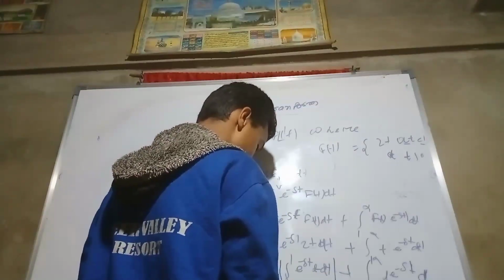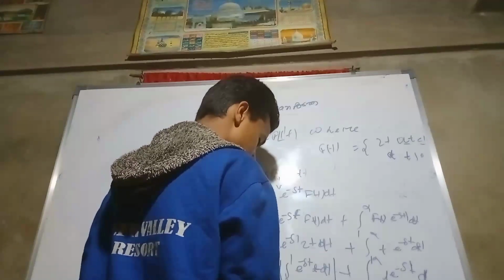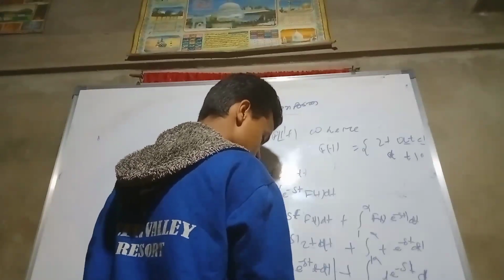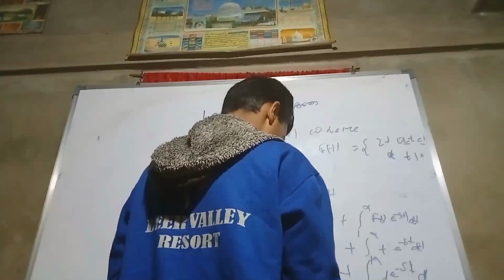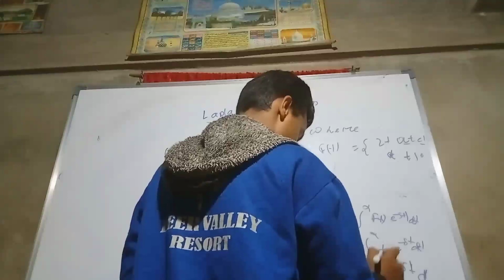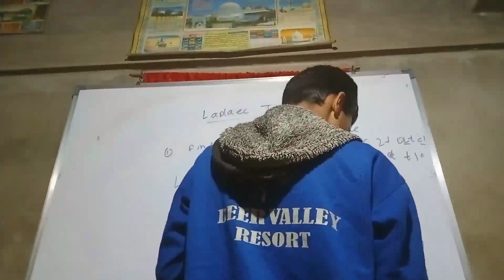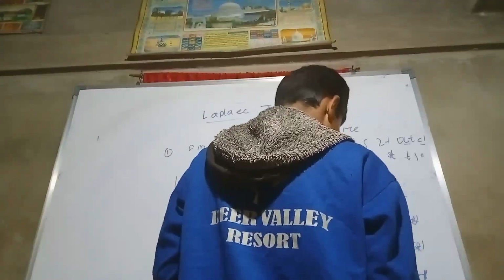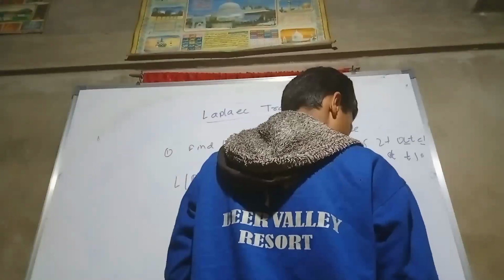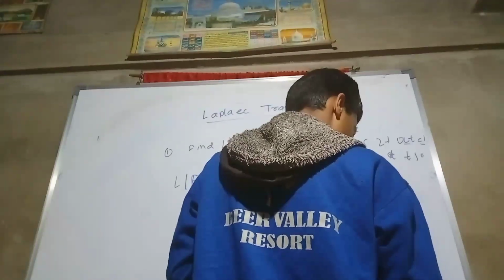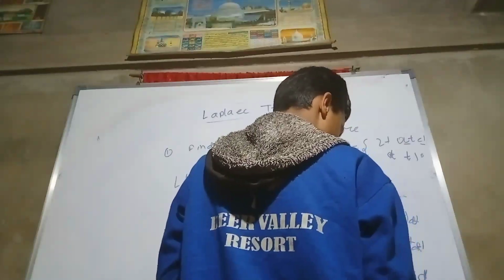So after integration it gives us the limit as b tends to infinity of e^(-st) over minus s, times t plus 1 by s, from 0 to 1, plus similarly e^(-st) over s times t plus e^(-st) over s from 1 to b, where b tends to infinity.